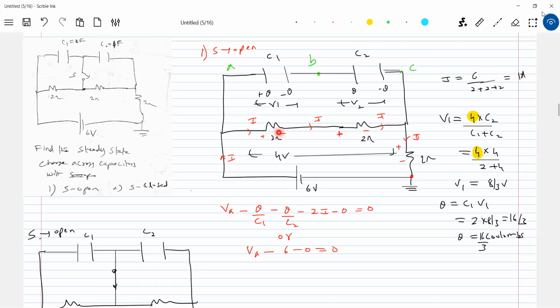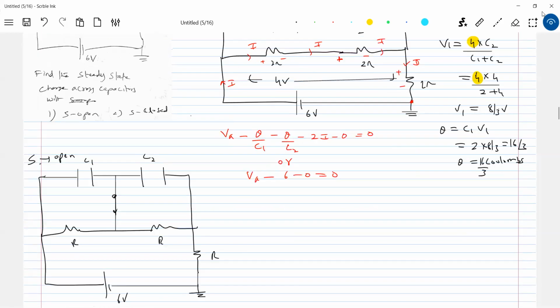Okay, fine now. The potential drop across this 2 ohm will appear across these two capacitors. The two capacitors will share the drop across these two resistors in series. Because this drop will not appear across the capacitors, no? Yeah. Okay, thank you for the correction.